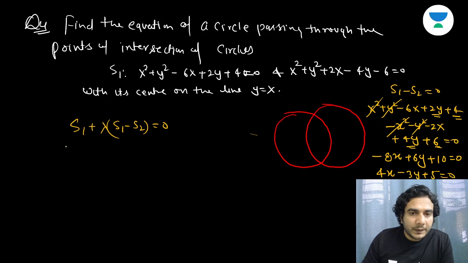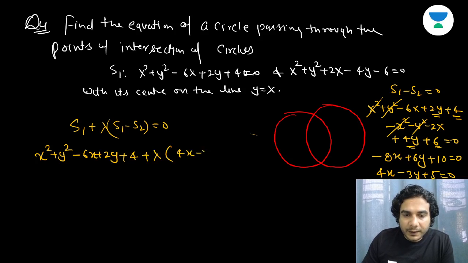So I'm going to use this, and you can use any one of the circles. Both circles are general circles, so you can use any one. So it is x square plus y square minus 6x plus 2y plus 4 plus lambda times 4x minus 3y plus 5 is equal to 0, okay?